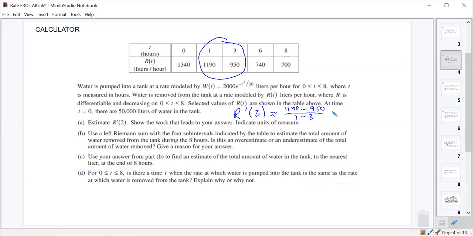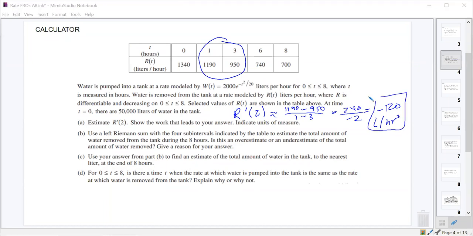And that ought to give us, let's see, 240 over negative 2, so negative 120. Indicate units of measure. The derivative of liters per hour ought to be liters per hour squared.